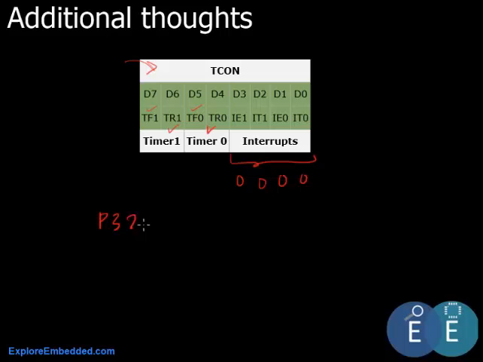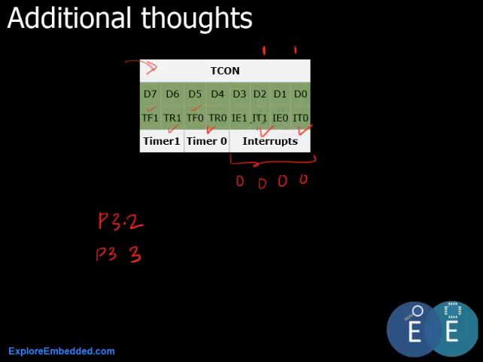Now if we need an edge triggered interrupt, there are basically two external interrupts as we know now: port 3.2 is INT0 and port 3.3 is INT1. If we want any of these two to be an edge triggered interrupt, then IT0 and IT1 should be turned on. The previous code worked because all were 0, and when IT1 and IT0 are 0, it is level triggered.